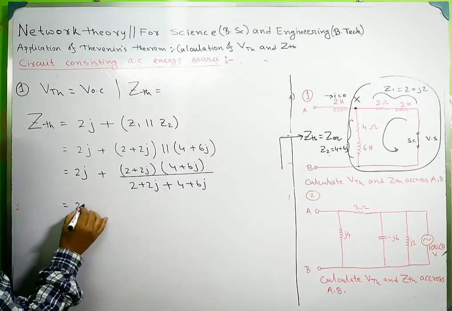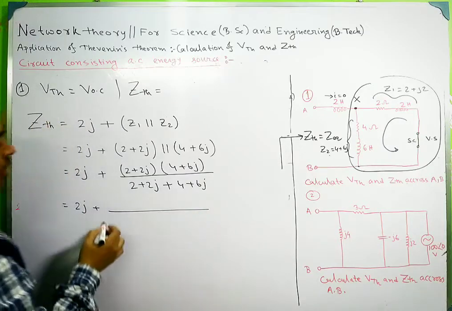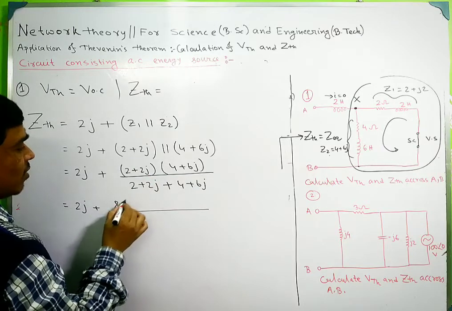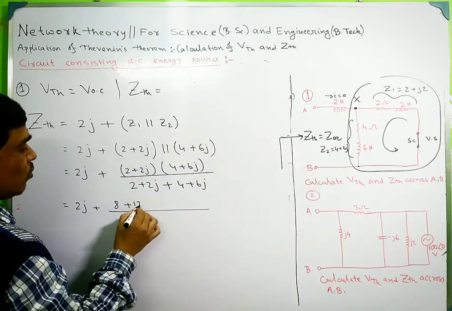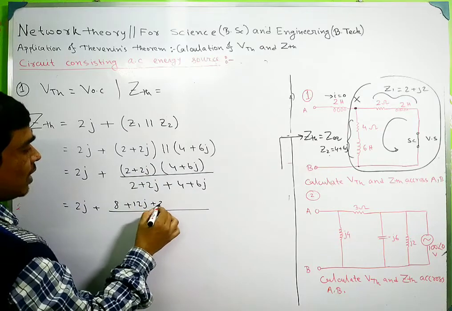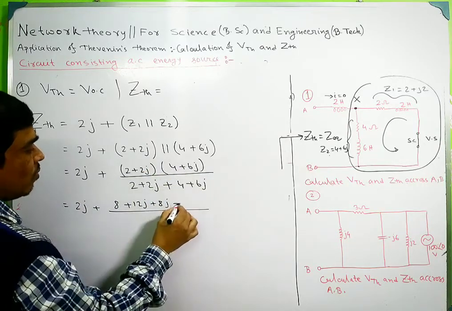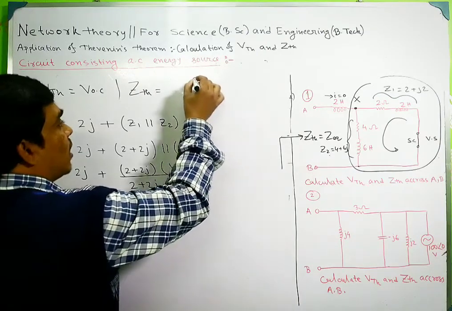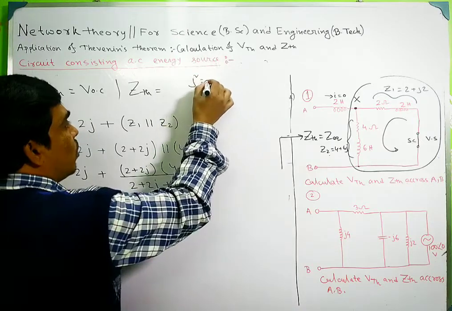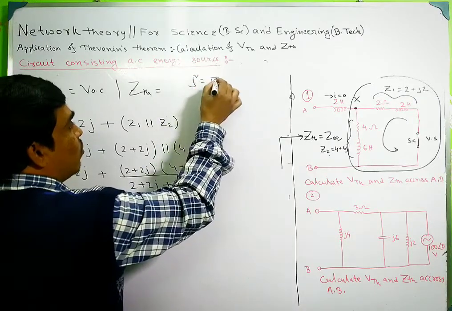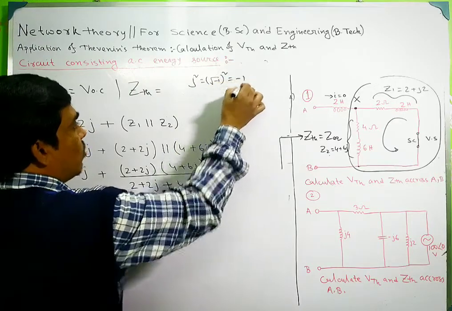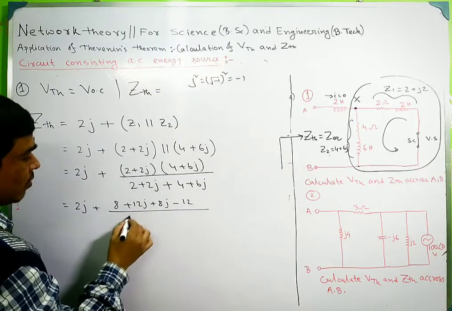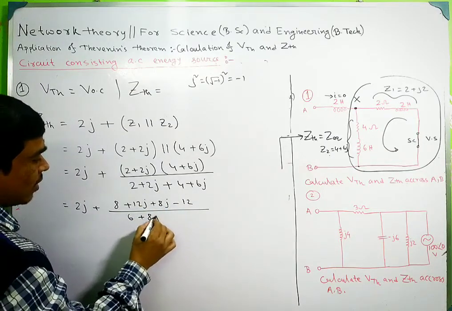So it will be 2J plus, if you multiply: 2 times 4 is 8, 2 times 6J is 12J, 2J times 4 is 8J, and 2J times 6J is minus 12, because j squared equals minus 1, since j is root over minus 1. So if you add these values, it will be 6 plus 8J in the denominator.